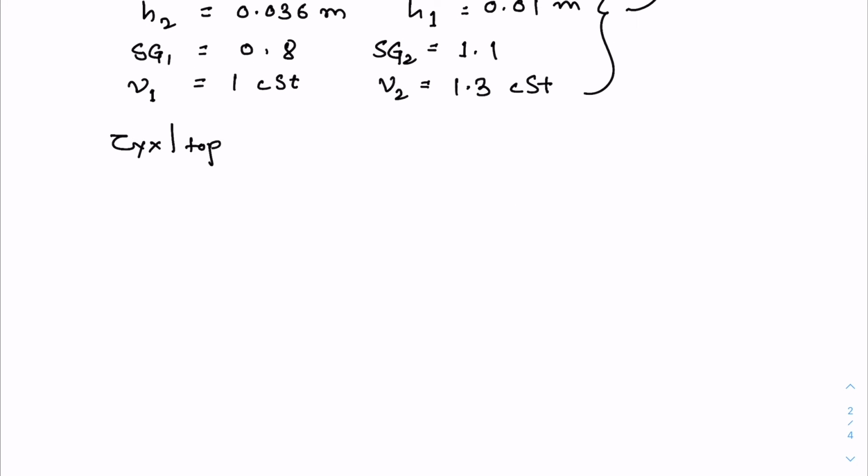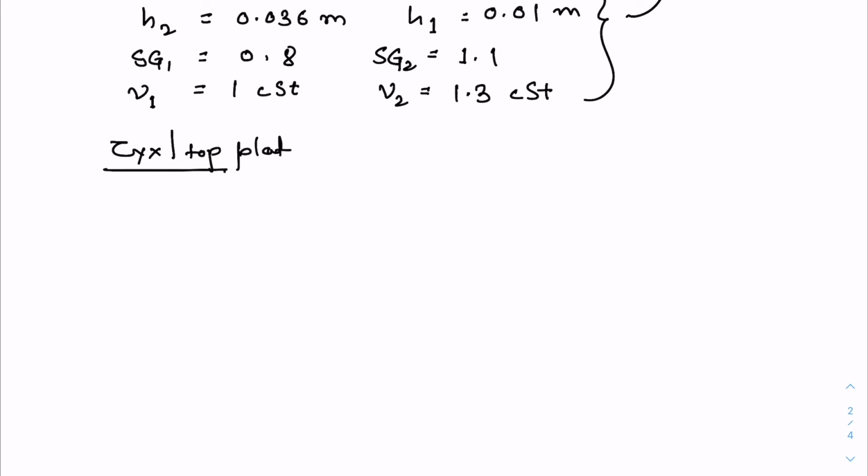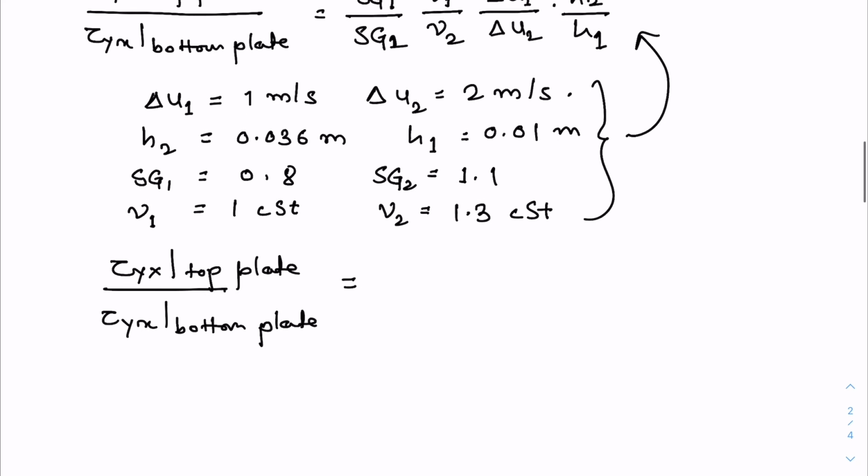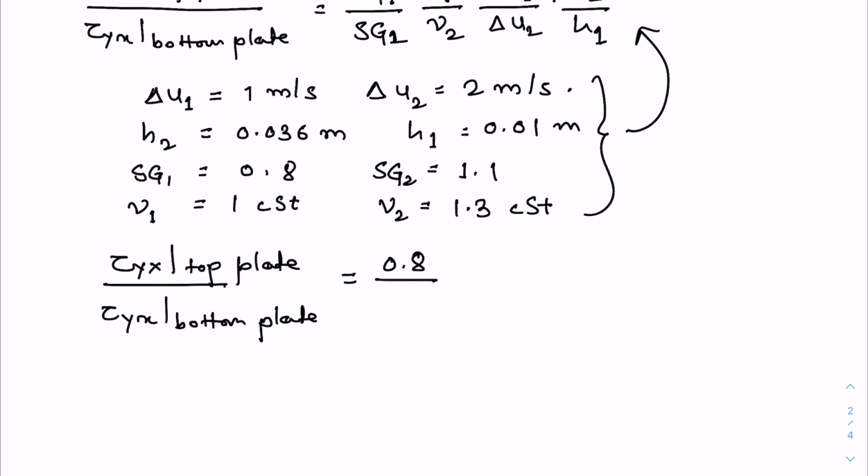divided by tau yx on the bottom plate is equal to 0.8 divided by 1.1, times 1 divided by 1.3, times 1 divided by 2, times 0.36 divided by 0.01.